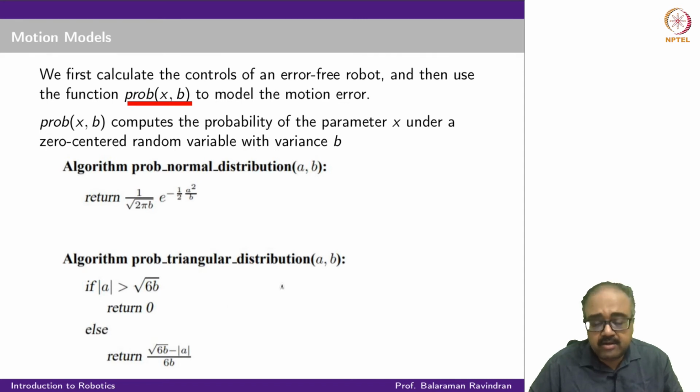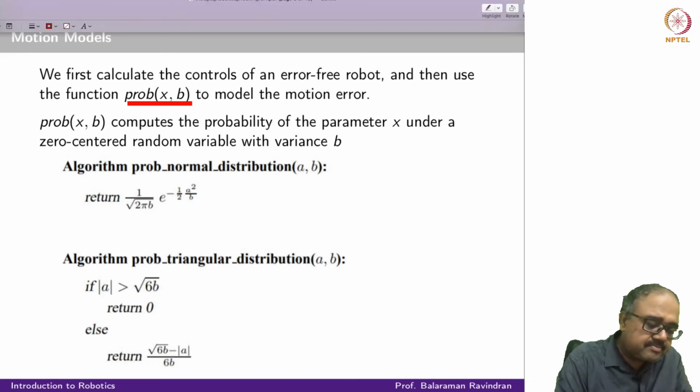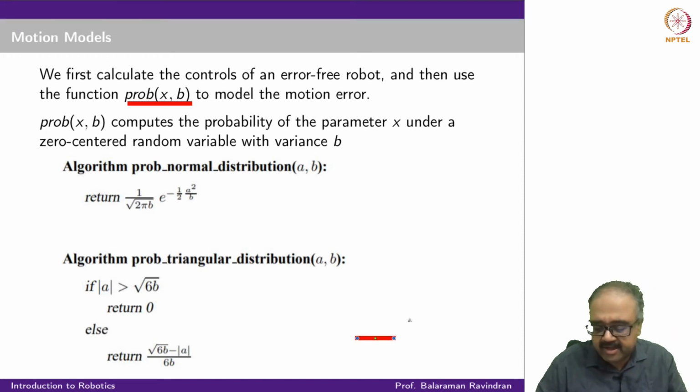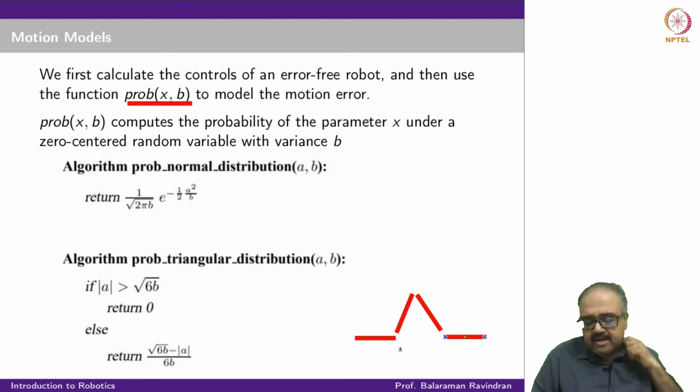Or I could think of it as a triangular distribution, where the profile looks like an equilateral triangle, something like this. Outside of this triangle's base, the probabilities would be 0, and within this it will follow a linear decay.